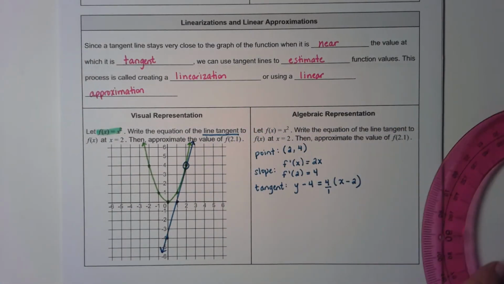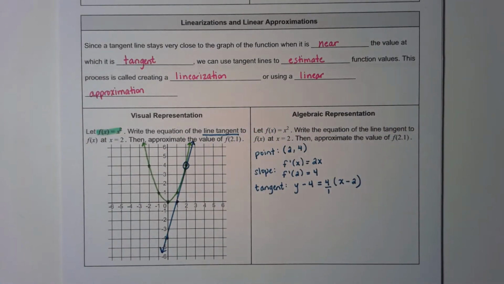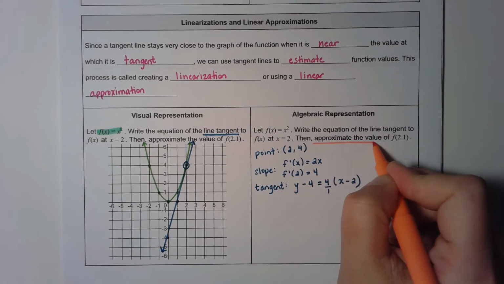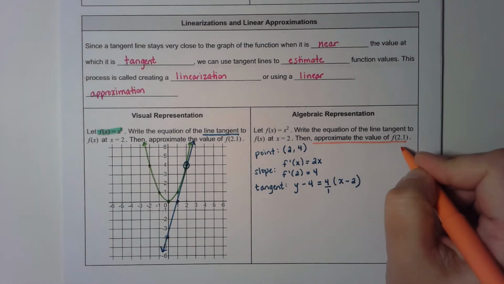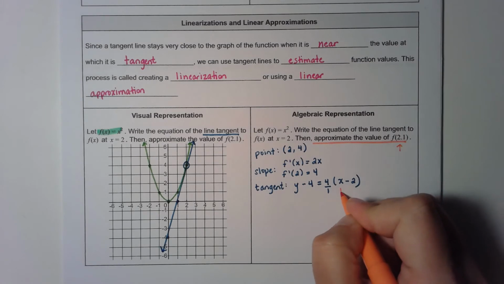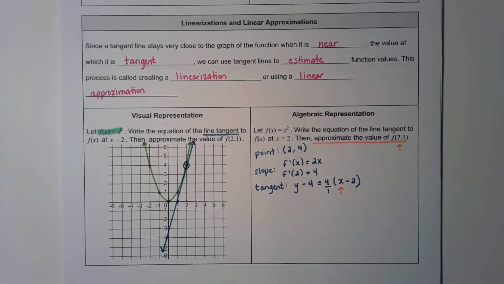Now, what we're going to try to do is estimate or approximate the value of f of 2.1. So for our approximation, what we're going to do is plug the number 2.1 into the tangent line equation.